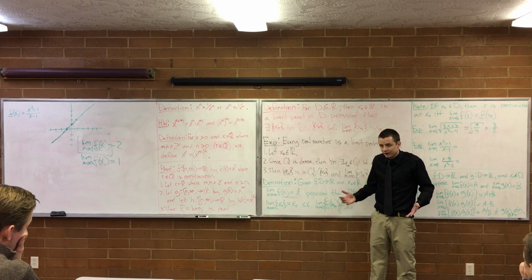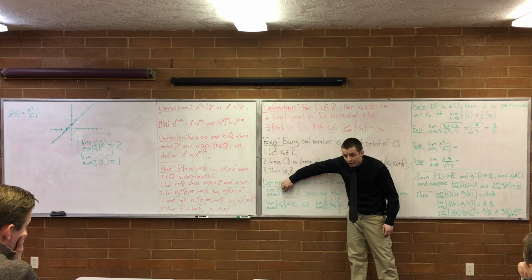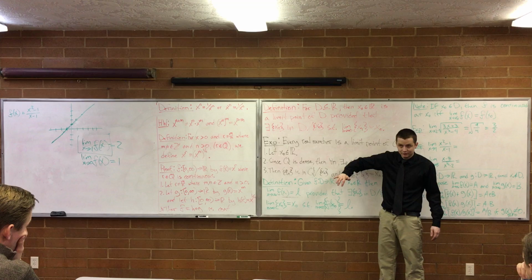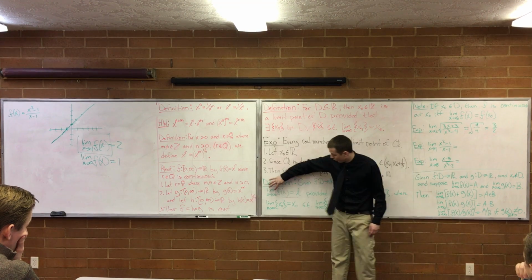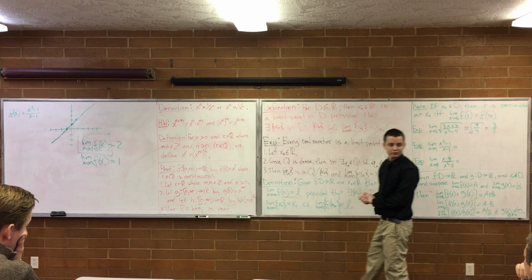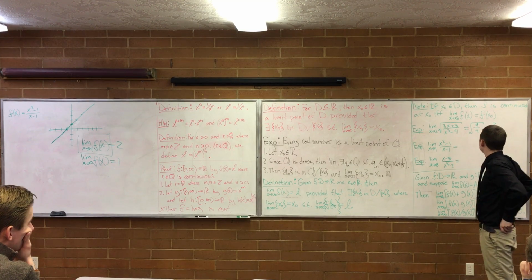Notice they're kind of saying the same thing, right? x keeps getting closer to x naught, or xn keeps getting closer to x naught. You plug in bigger n's, xn gets closer to x naught. You see that? Okay. So let's do some examples.